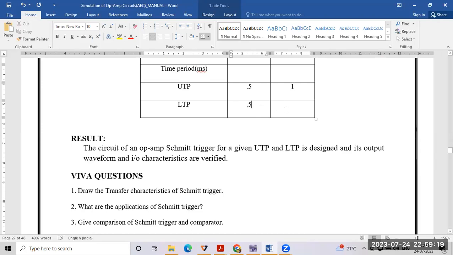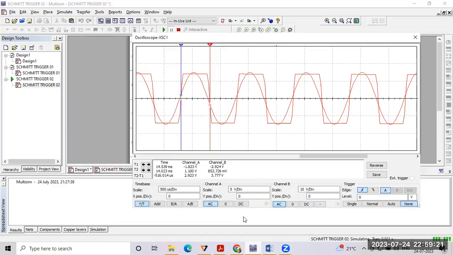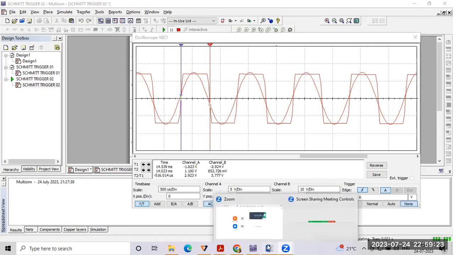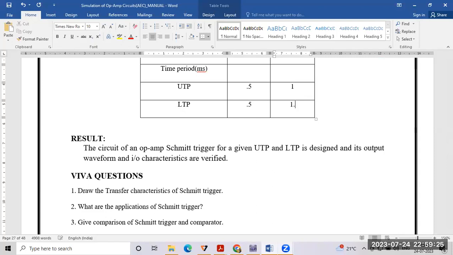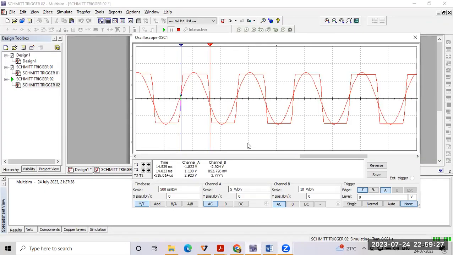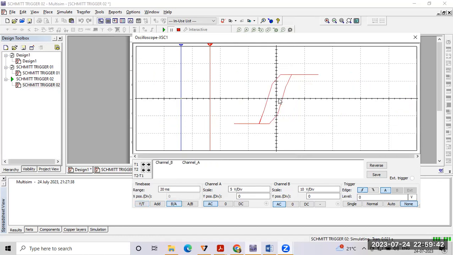Here also 0.5, but here 1.8. Okay, it's okay. This is how we need to check the input and output waveforms and LTP, UTP in the graph sheet, in the Multisim waveform as well, and then the hysteresis curve like this.